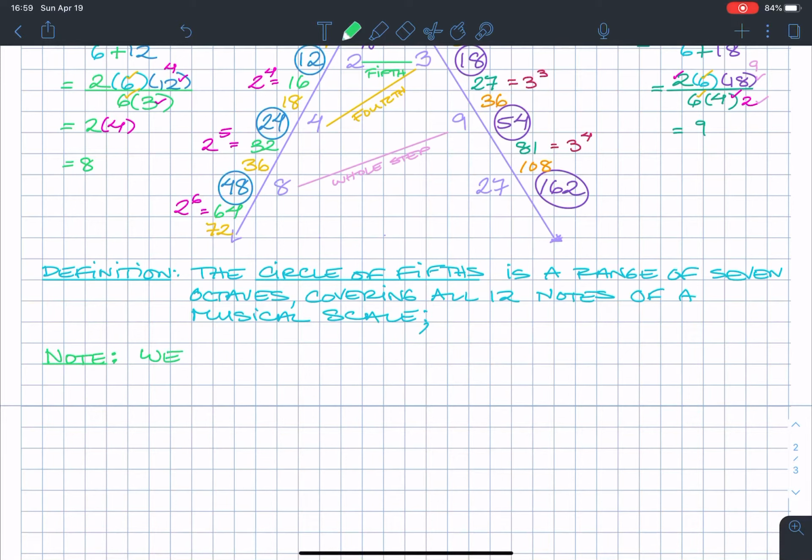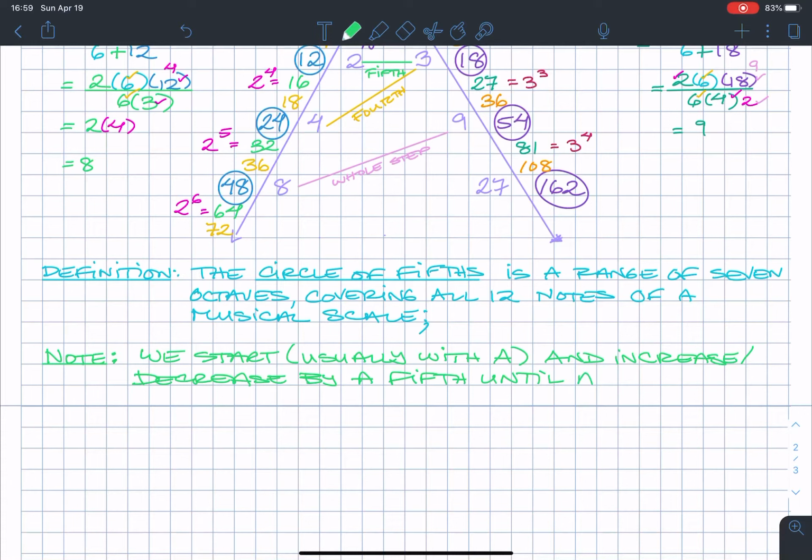So we start usually with A, and increase / decrease by a fifth until all notes are arrived at.